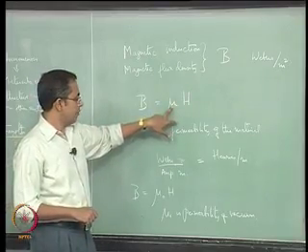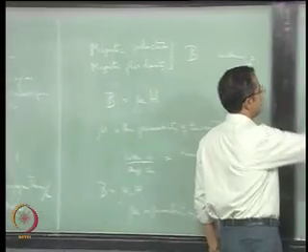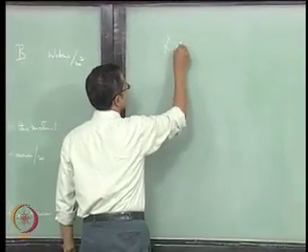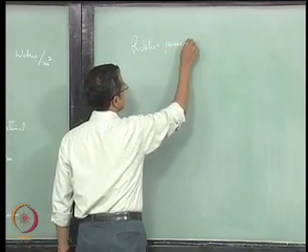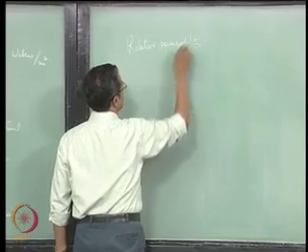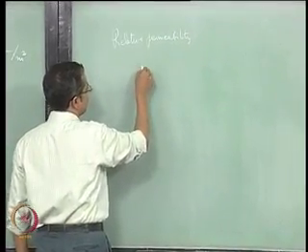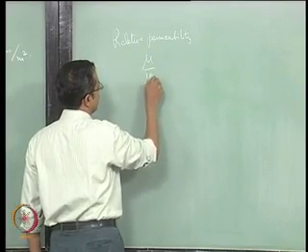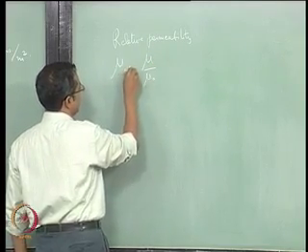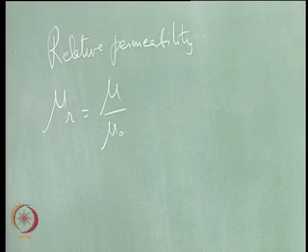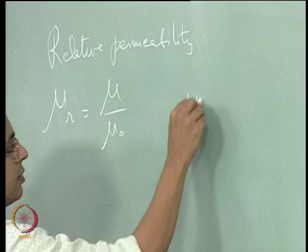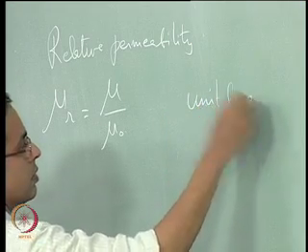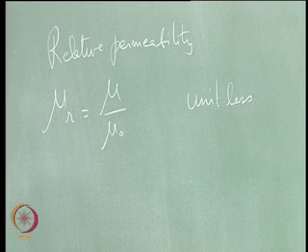So we also define something called relative permeability, which is simply the ratio of the two, mu by mu naught, and it is designated as mu r. So while mu and mu naught both have Henries per meter as their units, clearly the ratio is going to be unitless. So that is what we have.